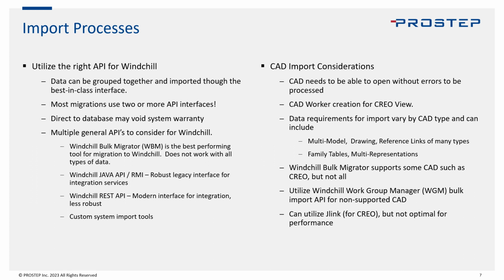You can also utilize JLink for Creo. It's not optimal, but a CAD worker would use that to export and import data for Windchill. That's something that you could utilize if you did not use the bulk migrator for some reason.